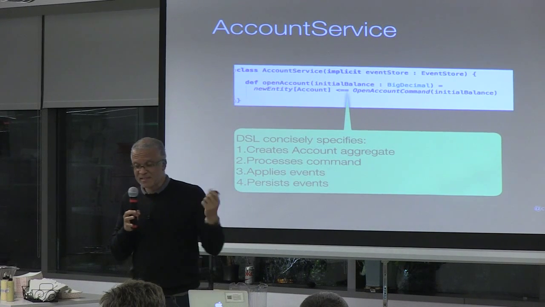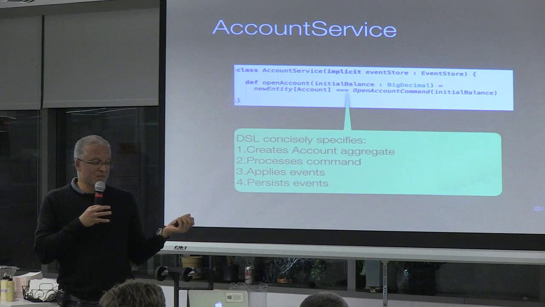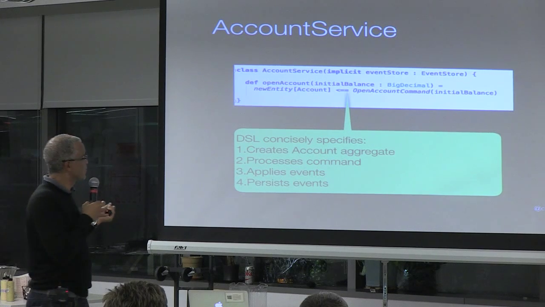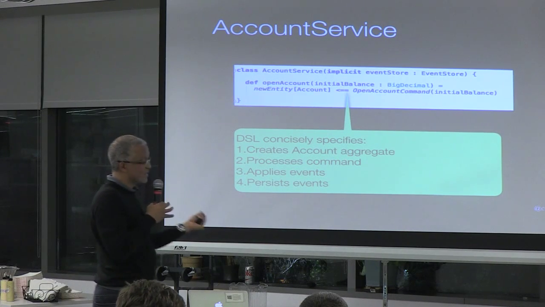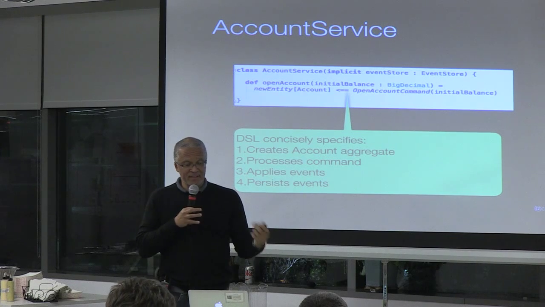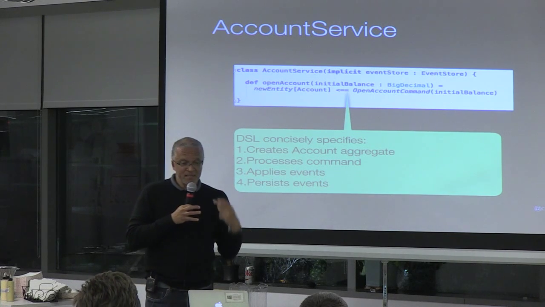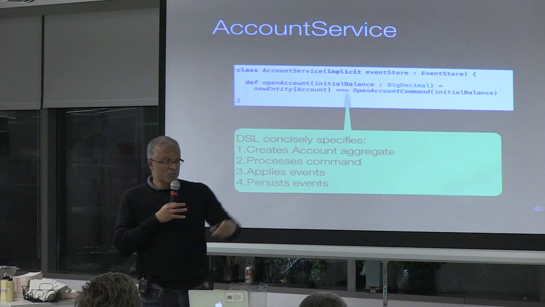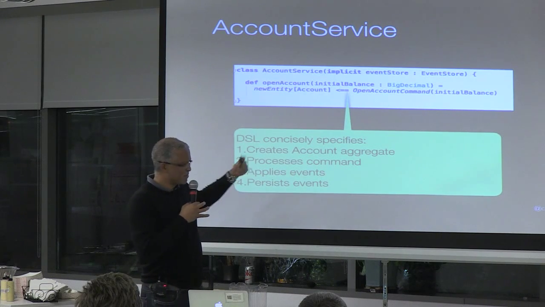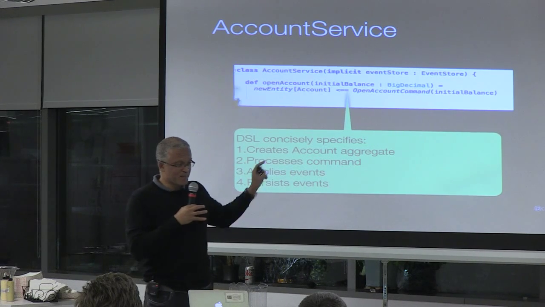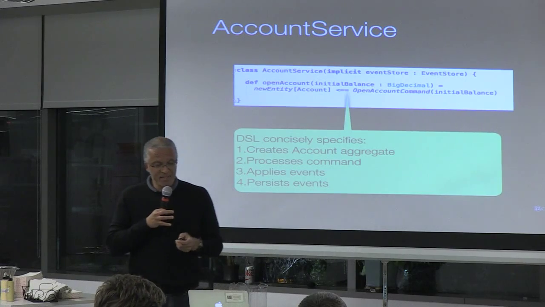Under the covers, it's instantiating an account by calling the default constructor, processing the command, applying the events to update it, and then persisting the events in the event store. So all of that boilerplate is hidden just by using this nice little DSL.